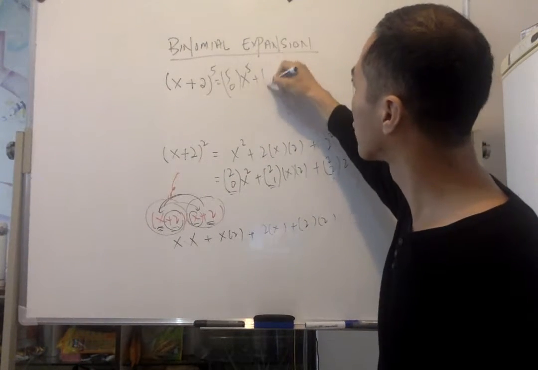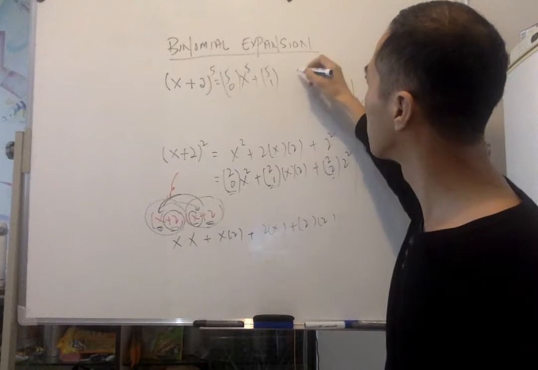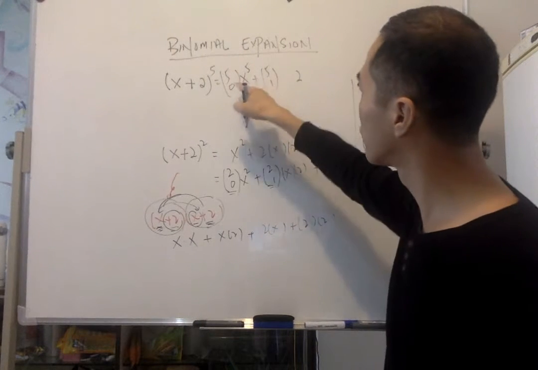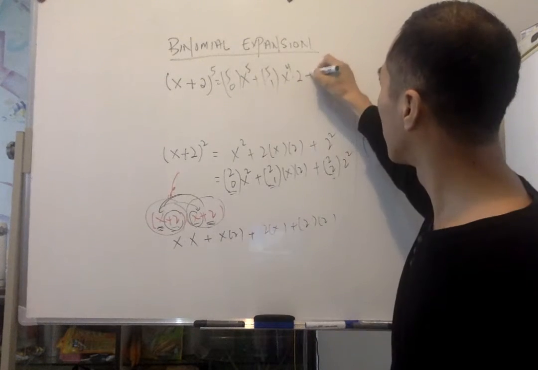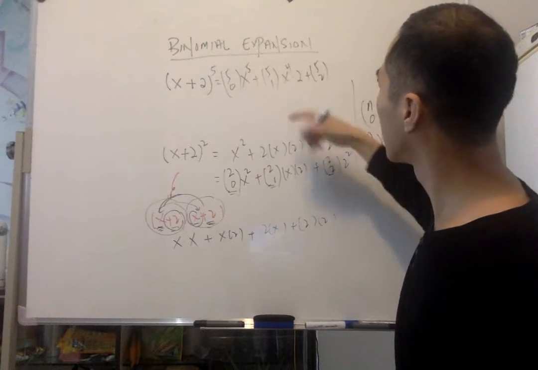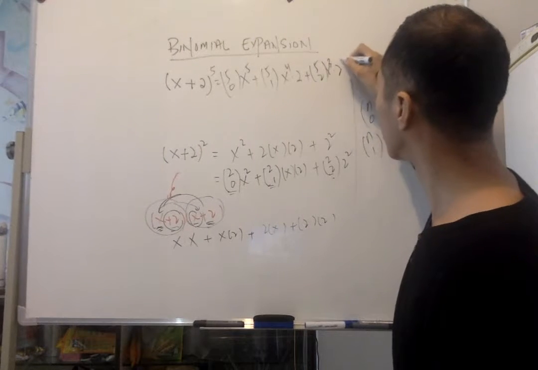After that, I choose 5 choose 1, which means I choose one 2. How many x's do I choose? 4 x's. Then I do 5 choose 2. How many x's do I choose? 3 x's and two 2s.